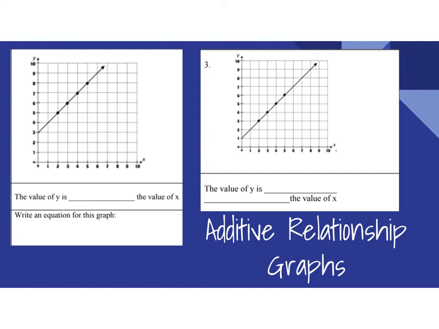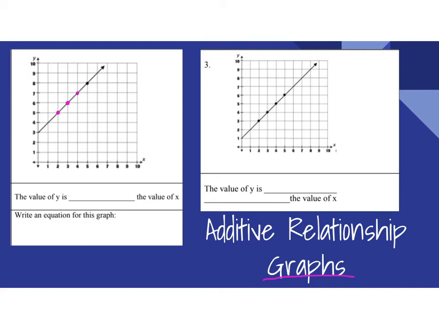Last, we'll identify some additive relationships from graphs. In the graph on the left, I see points that are already plotted. I can use those points to figure out what the relationship is between my x values and my y values. I see the point 2, 5. I also see the point 3, 6.